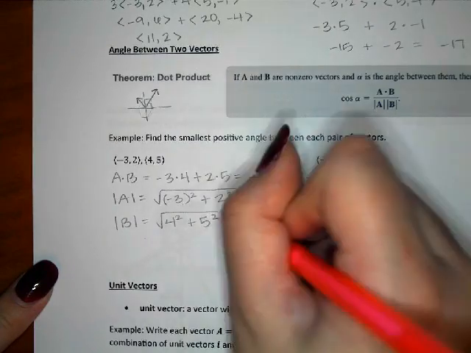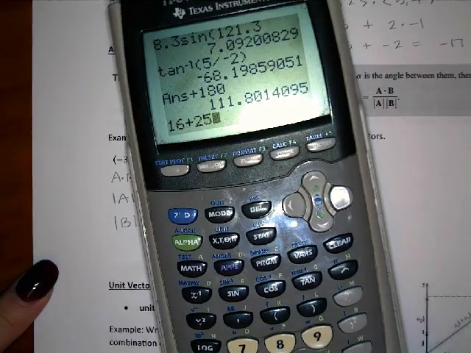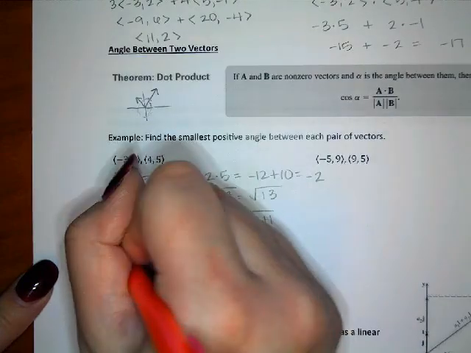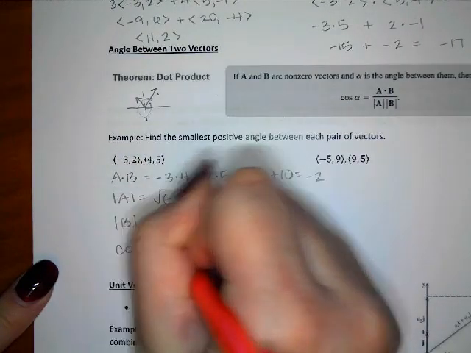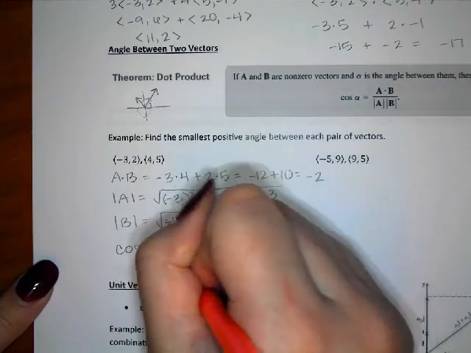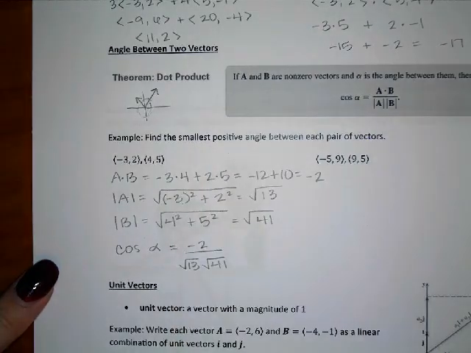And so we would say that cos alpha is -2 over square root 13, square root 41. These answers could sometimes not be a decimal, but almost always are, so I typically do these on my calculator. I'm going to type this in as a fraction. On the top, I have -2.